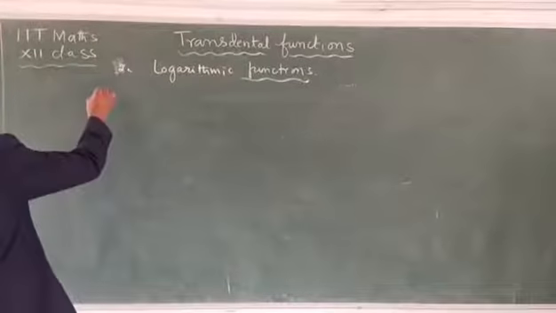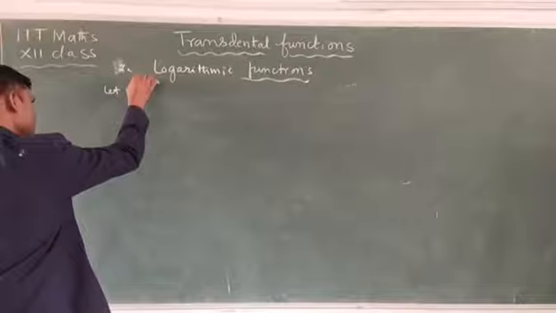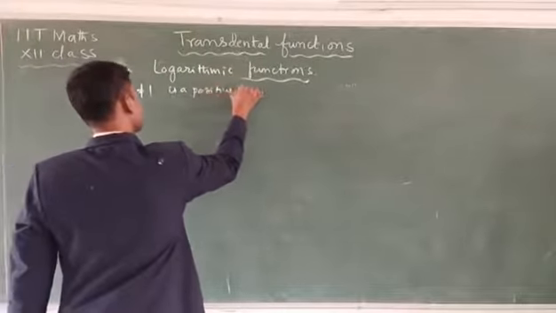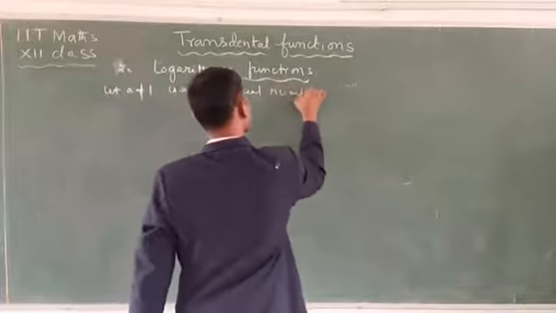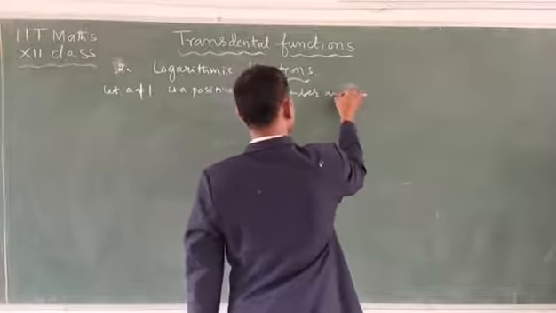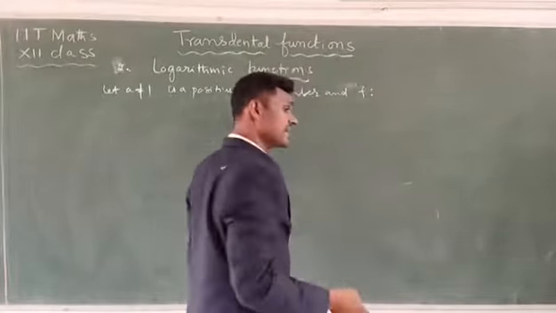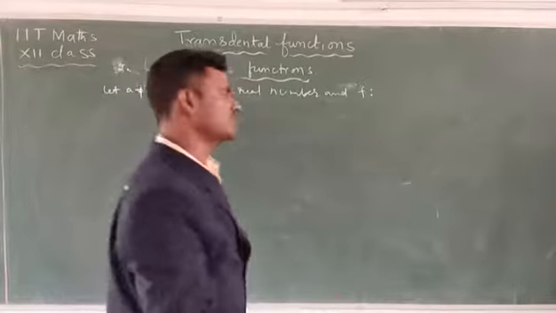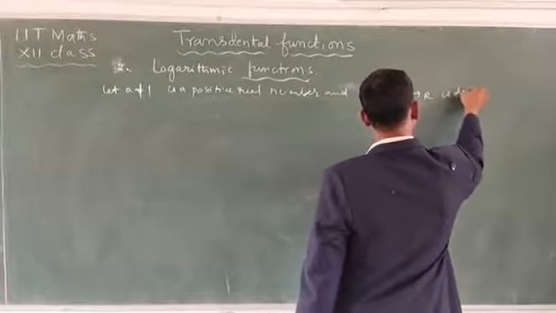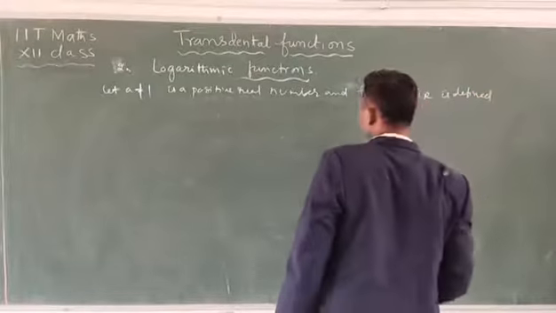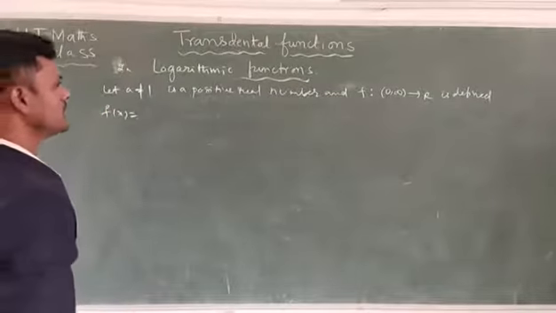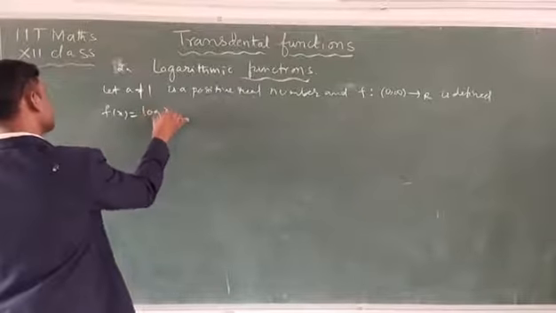Here also let a is not equal to 1 be a positive real number, and f is a mapping from the positive reals 0 to infinity to R, defined by f of x is equal to log x base a.